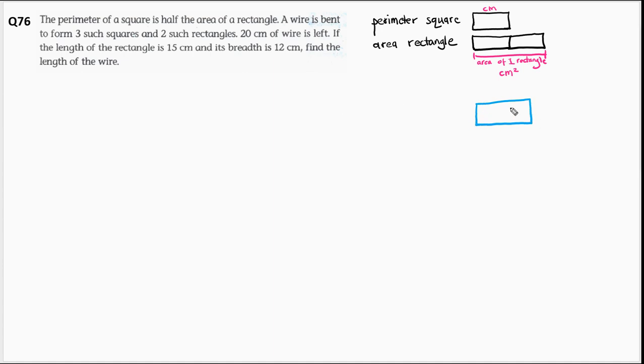And this wire is being bent to make this shape. So when we talk about the wire, we're talking about the length, and that is equal to the perimeter. So the amount of wire used to make a shape is equal to the perimeter of that shape. And then area, of course, is the space inside the shape.